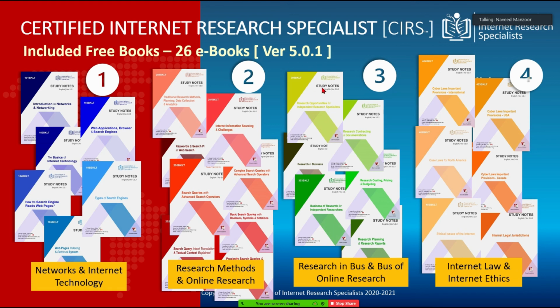All of these modules used to be one big book of 500-600 pages. Now we have split them into smaller courses or smaller booklets, which makes it really easy for anyone to pick up one booklet and understand the whole topic that is the main segment of the module you are preparing for.